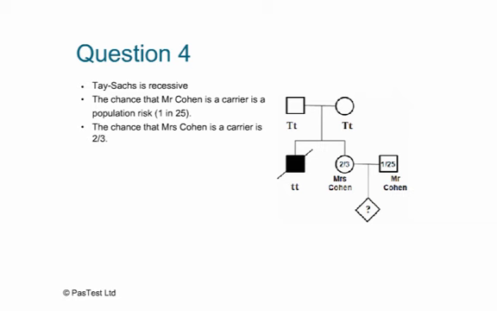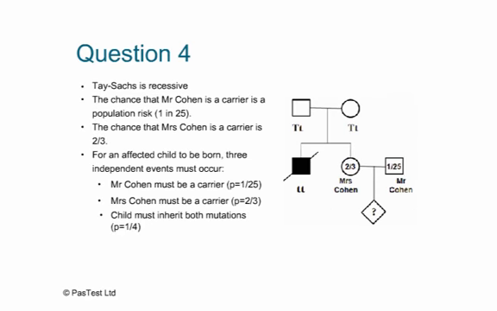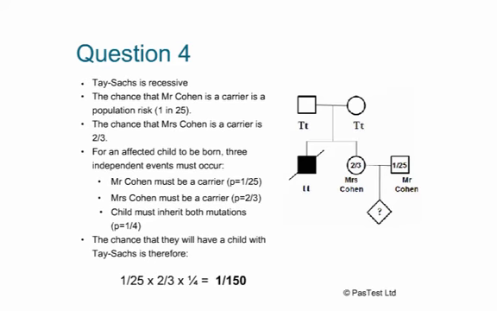Mr. Cohen must be a carrier, so must Mrs. Cohen, and even if they're both carriers, the child must inherit both mutations simultaneously. Each of those requirements has a probability as shown. They're independent events, and so the correct way to join these probabilities is to multiply them. And so multiplying them together, we get the risk of 1 in 150.